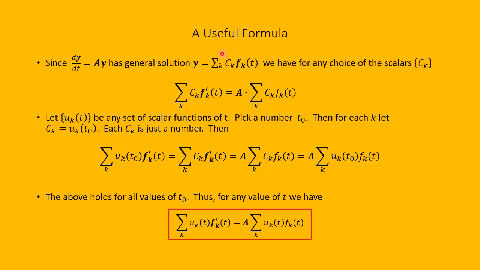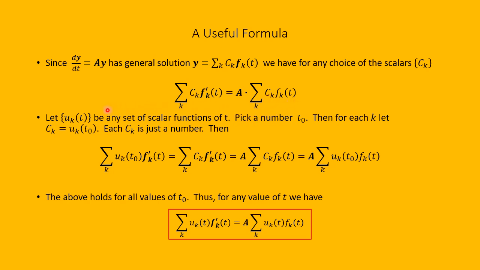So then, since the derivative of y with respect to t equals A times y, if this satisfies this differential equation, then plugging this into both sides of this equation gives us the sum of c sub k f sub k prime of t, the derivative of f sub k evaluated at t, equals A times the sum of the constant c sub k f sub k of t.